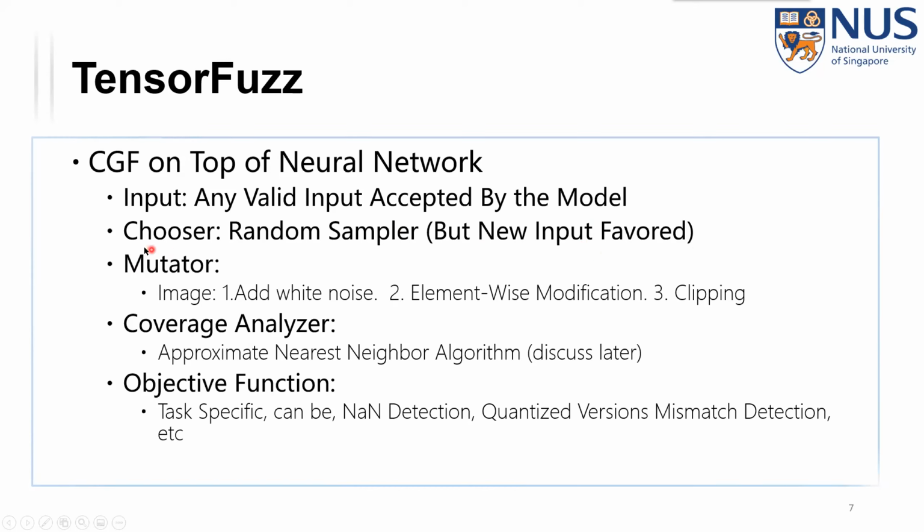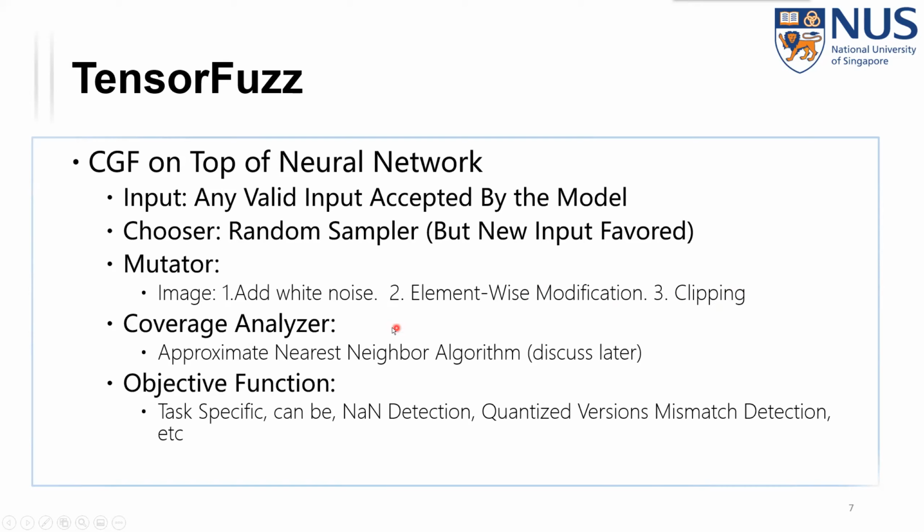And for the mutator, they introduced how to mutate images in the paper. The first is to add white noise, and the second is element-wise modification. For example, they randomly pick several points in the image and flip their signs, and also clipping, which means clipping a part of the image.